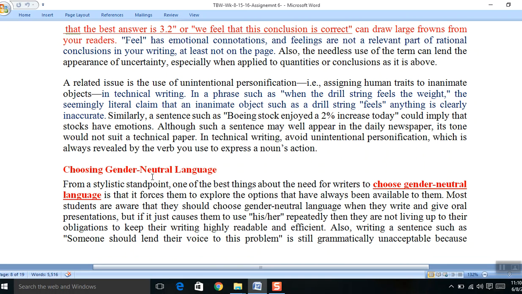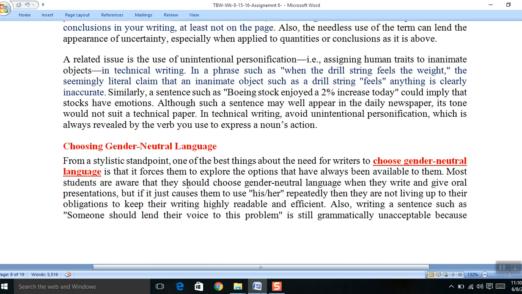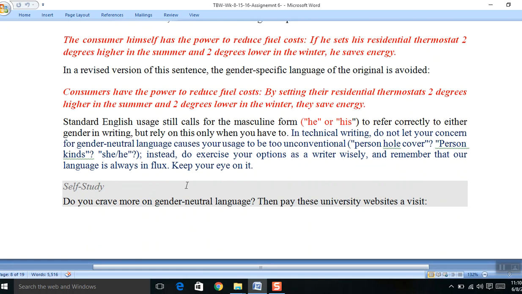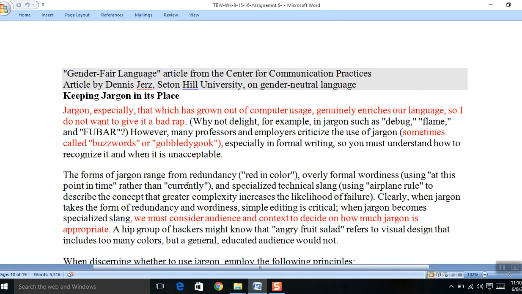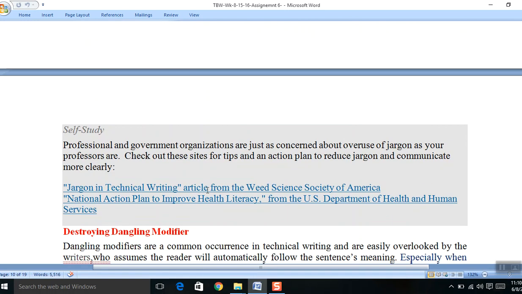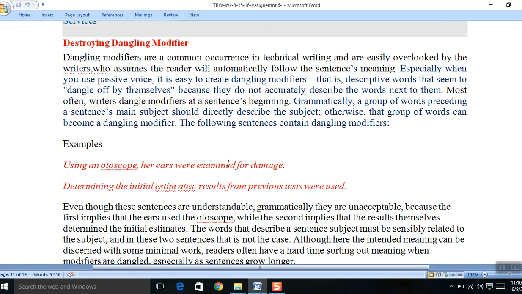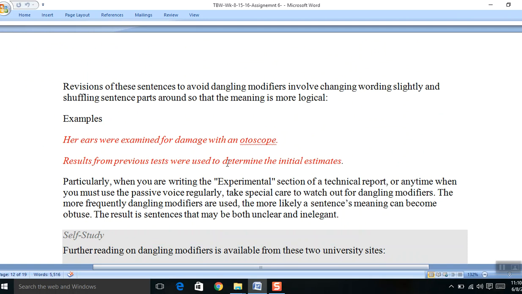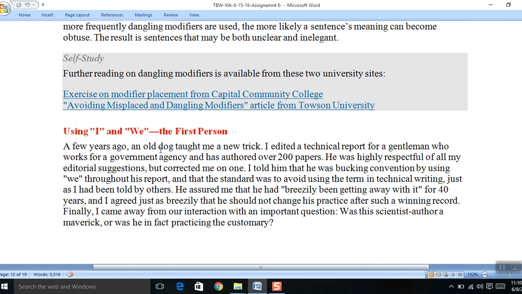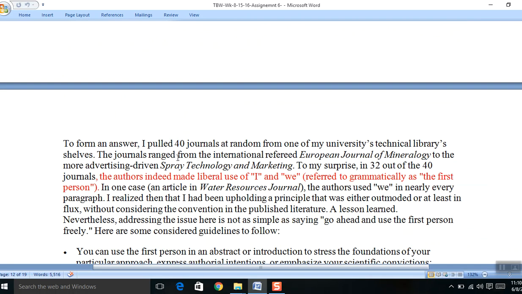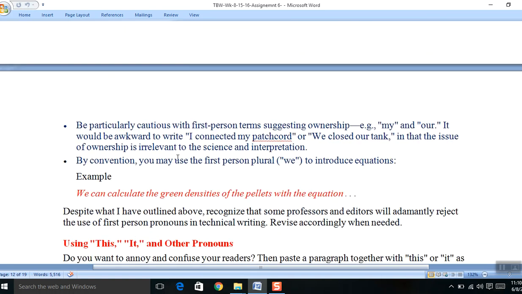Choose gender-neutral language. Fine. Examples are given, and do not use wrong adjectives and wrong adverbs. Examples are black and red, and use less I and we, and if you have to use them, only in certain situations.